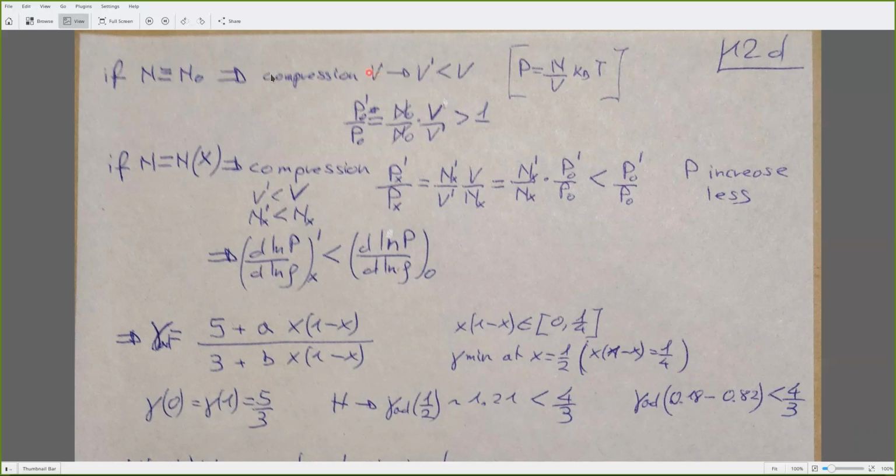The compression causes the volume to pass from the value of V to V prime, that is less. Just remember the equation of state. So the new pressure you can calculate this way, and you see that the ratio is less than 1. If you have compression, the pressure increases.